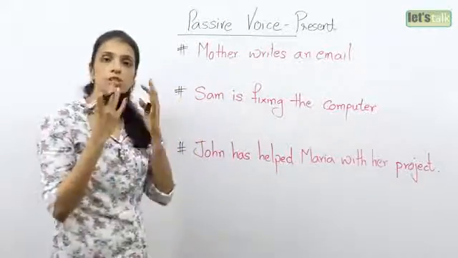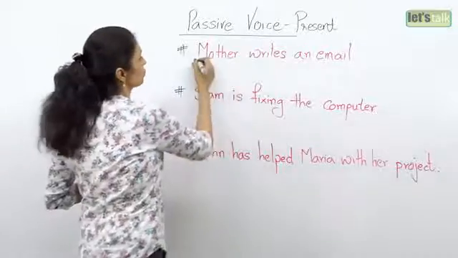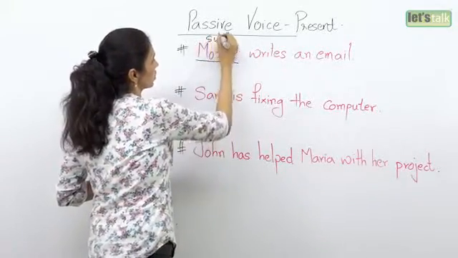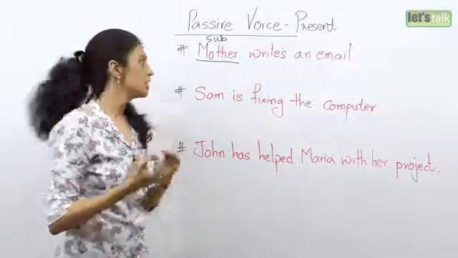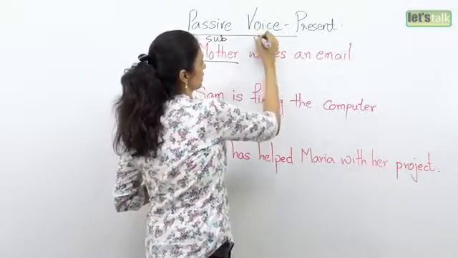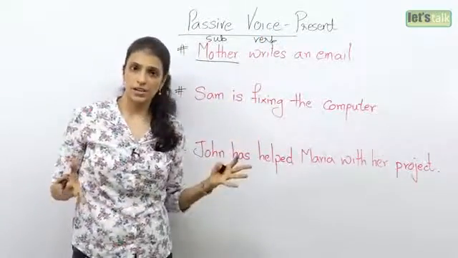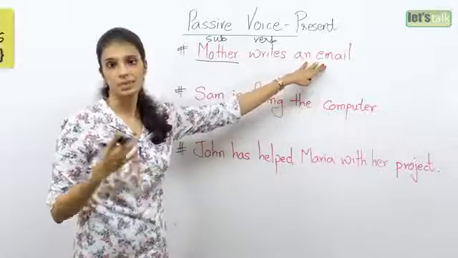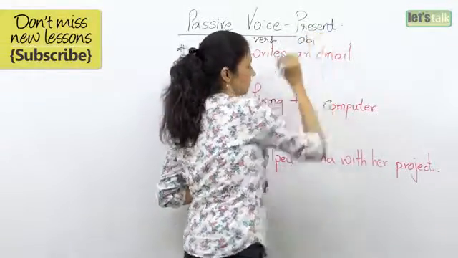So mother, now who is doing the action? Mother, okay? We're talking about mother. So mother becomes the subject, okay? What is she doing? What's her action? Writing. So she writes. So here is the verb, writes. Now what does she write? She writes an email, okay?